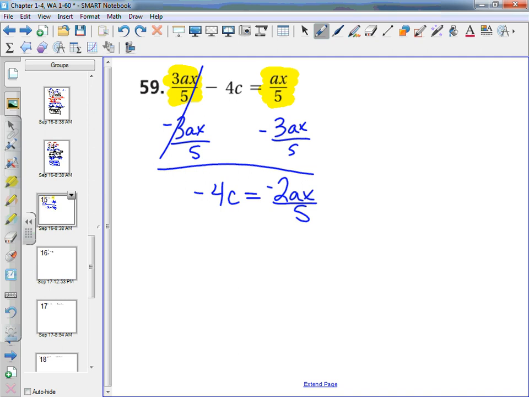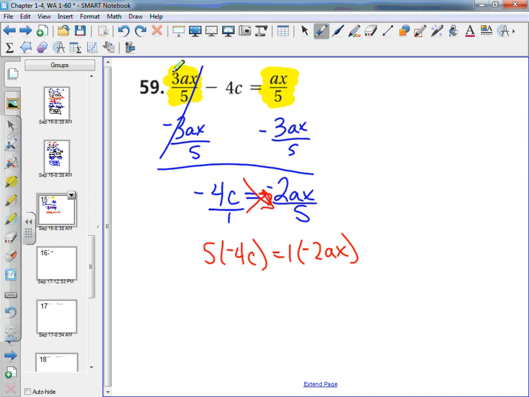Something equals a fraction. A number equals a fraction. What's the number over 1? And what can I do? Cross multiply, right? You see that? 5 times negative 4 is equal to 1 times negative 2ax.